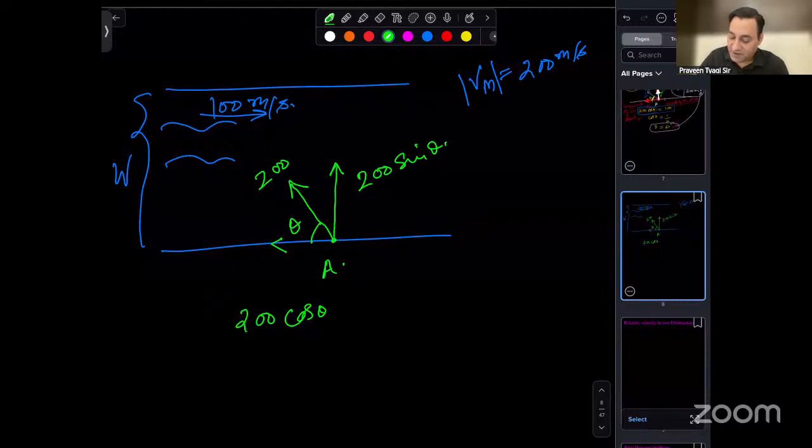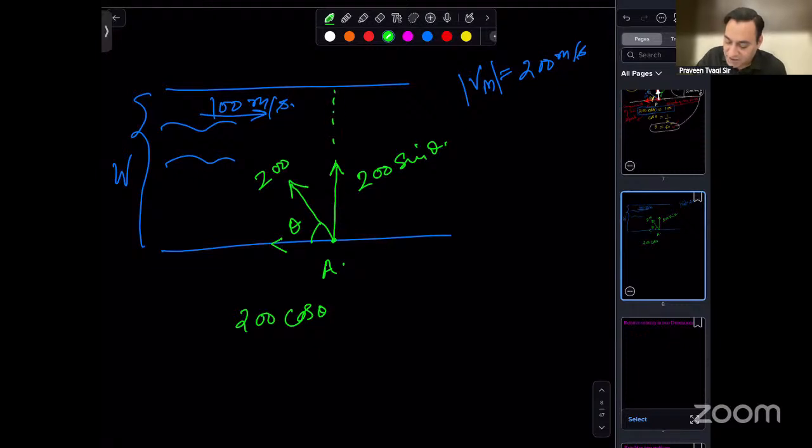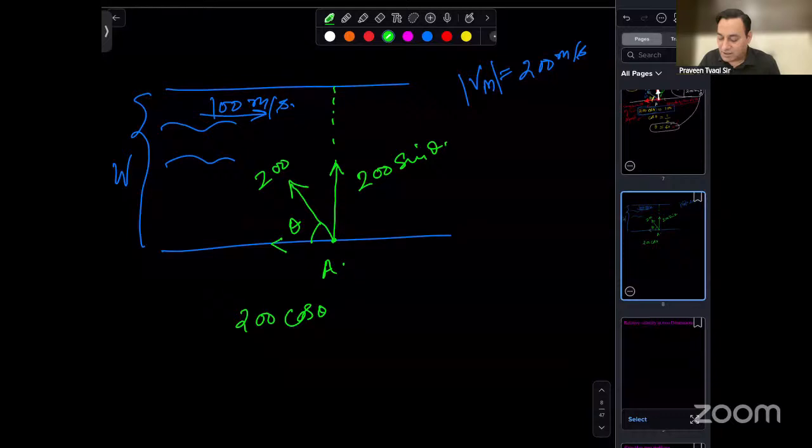He will not be going along this line, he will be going at an angle, but we are trying to find out what angle he should use to cross the river in minimum time. So if he swims at an angle theta as shown in the figure, he will have a component of velocity in this direction, which will be 200 cos theta. In this direction, it will be 200 sine theta.